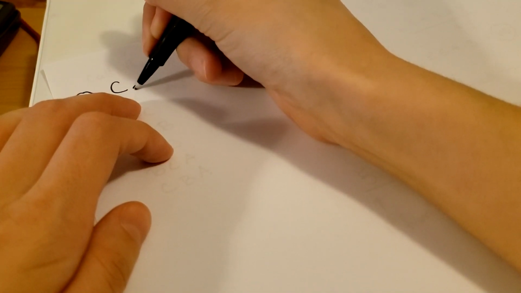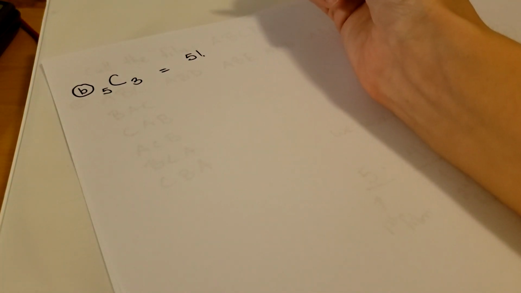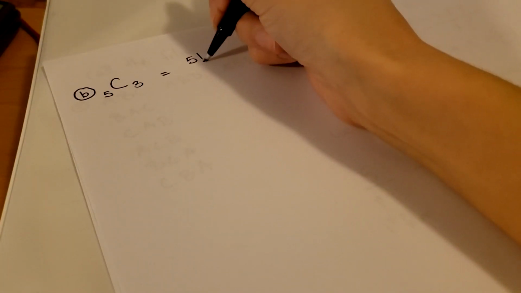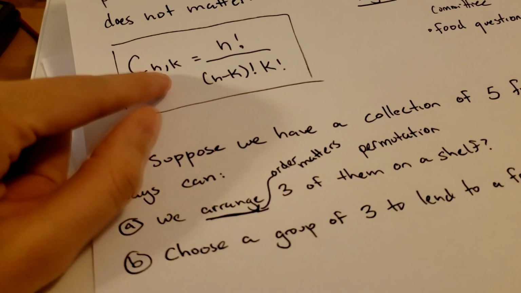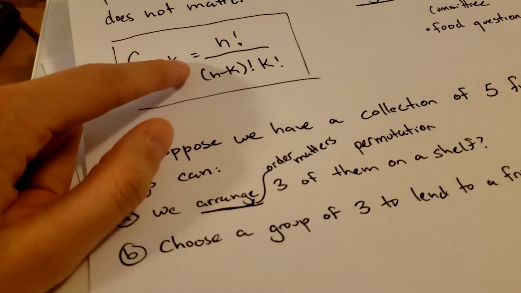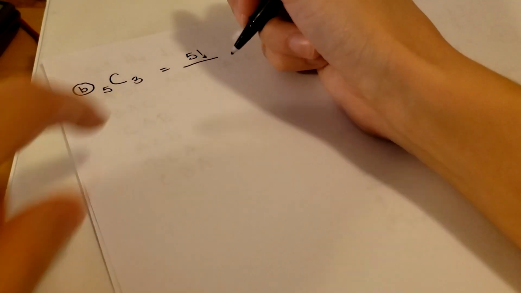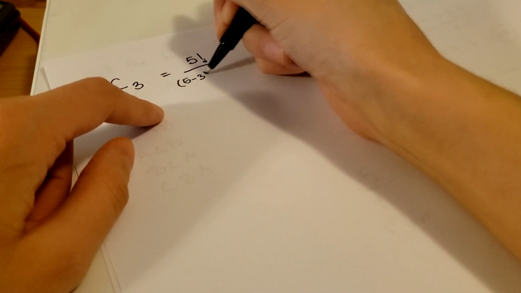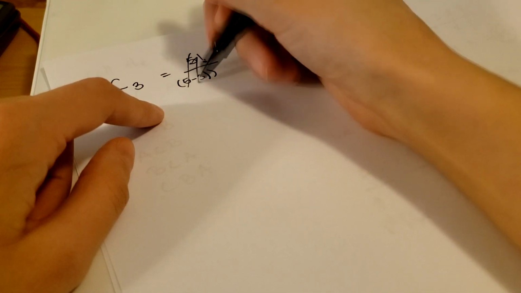So we want to do 5 choose 3. According to the formula we have over here, it's going to be 5 factorial. Oh, and just something to clarify, n is always the larger one. Sometimes people will confuse n and k. n is always the larger number, k is always the smaller number. This is going to be 5 factorial over 5 minus 3 factorial times, oh, no, factorial's on the outside.